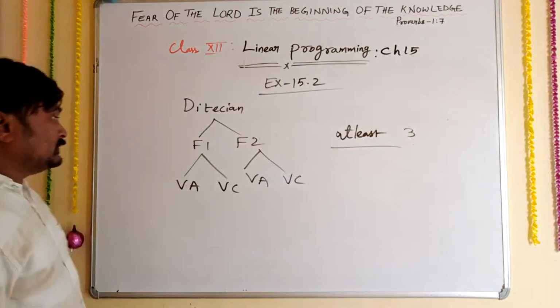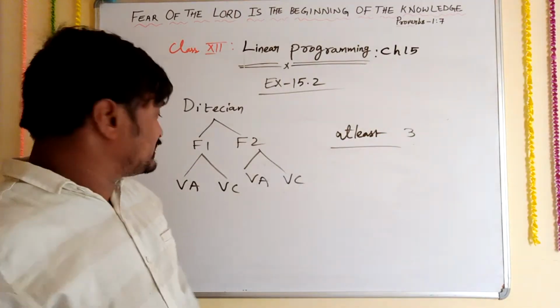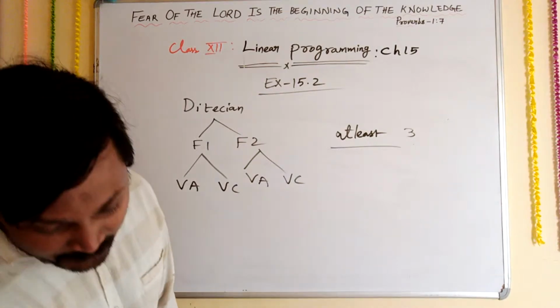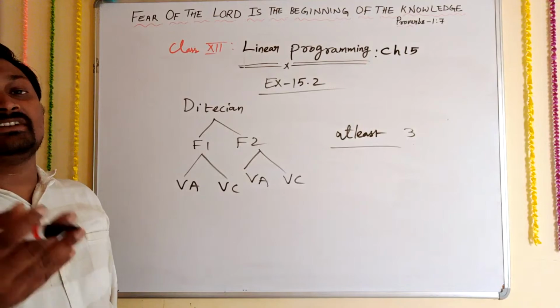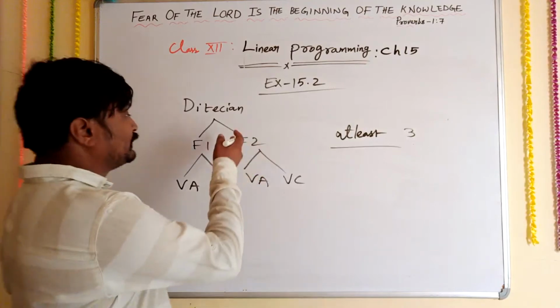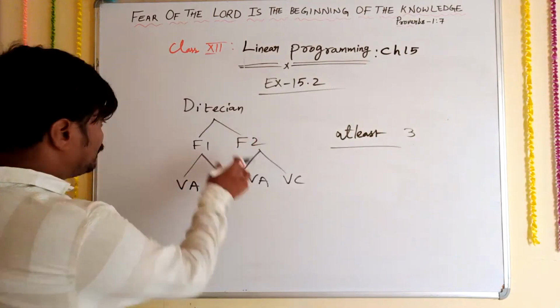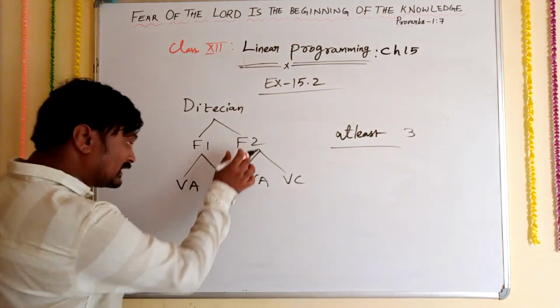Now they said that at least 8 units of vitamin A and 10 units of vitamin C are required in food 1 and food 2 together.